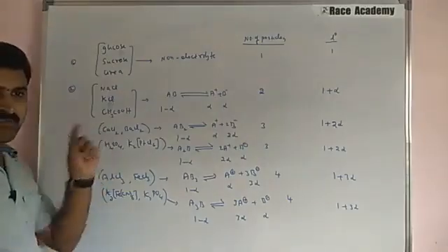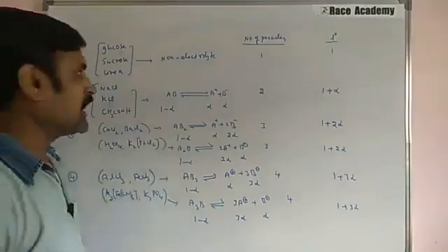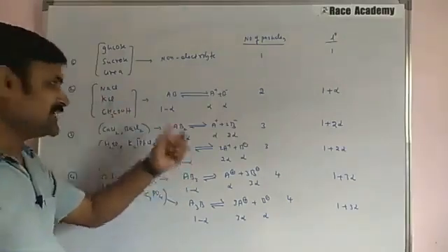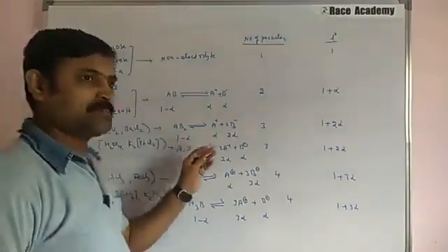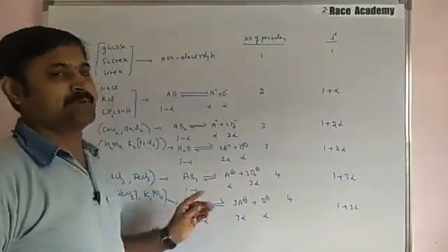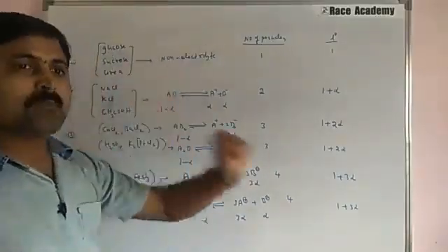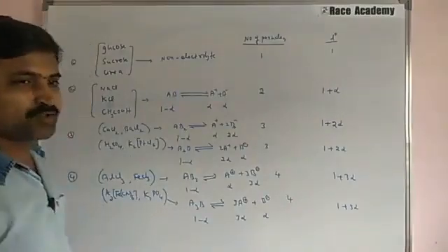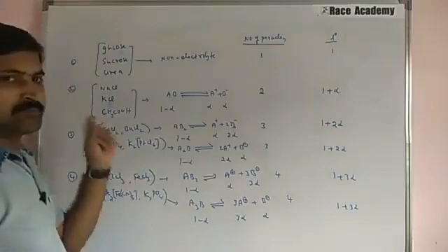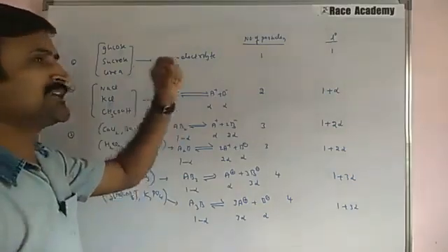Now we will see a common formula. Whether the formula of the electrolyte is AB type, AB2 type, A2B type, AB3 type or A3B type, we will use one common general formula to understand the dissociation of that type of electrolytes, and in this formula you can use the n value.